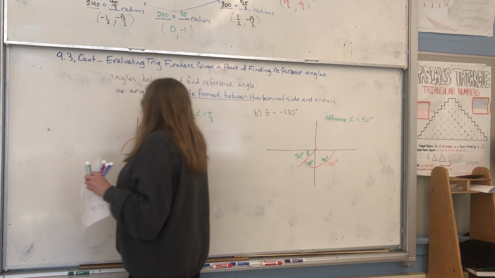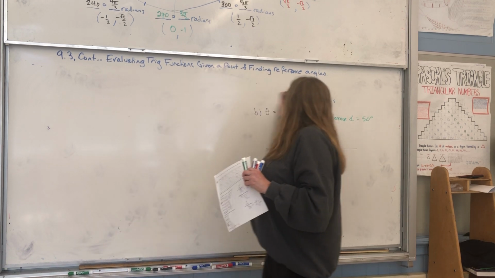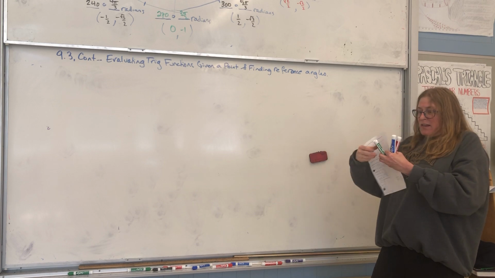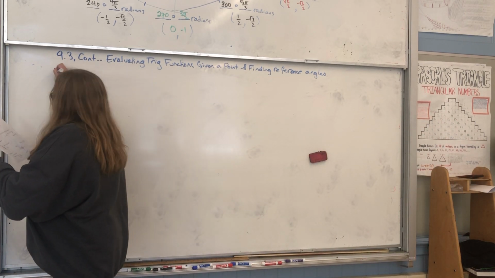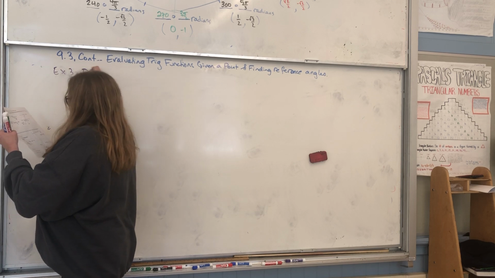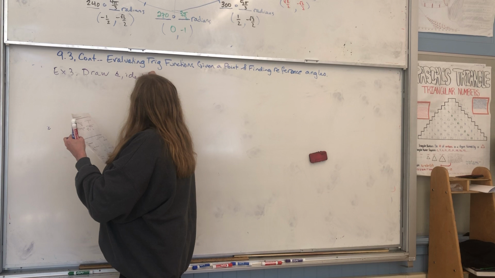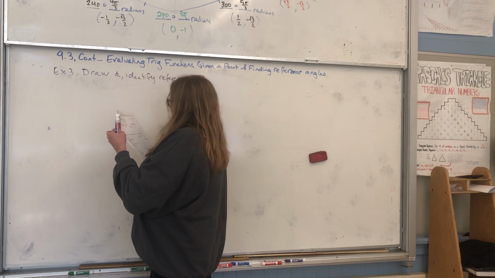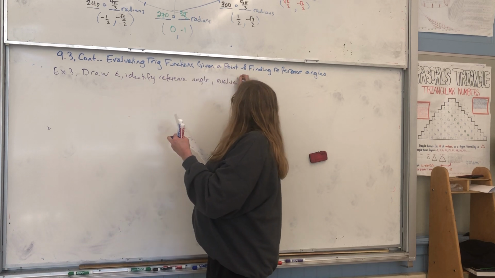This one's a short one. Okay, so this next thing, what they want us to do is draw the angle, identify the reference angle, and then evaluate a trig function.